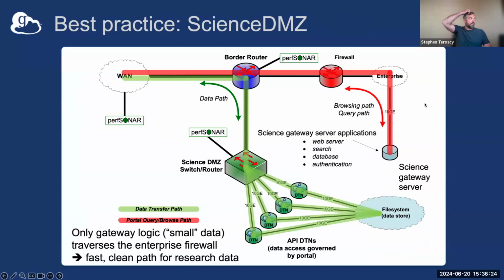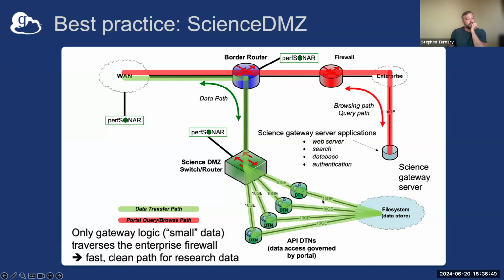If we look at a best practice, which we call a Science DMZ, your file system store is only accessible by your data access nodes. So your DTNs here, which is, I should say, data transfer nodes, these are where Globus is installed. And this is an endpoint with a collection to your file system data store.